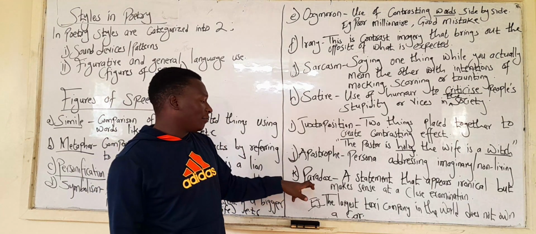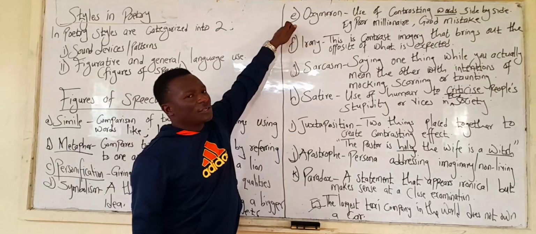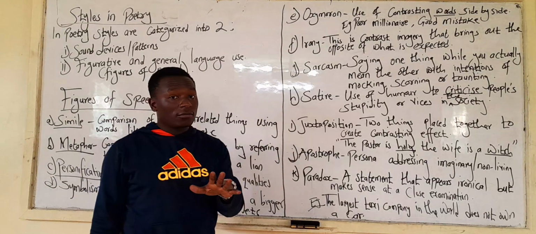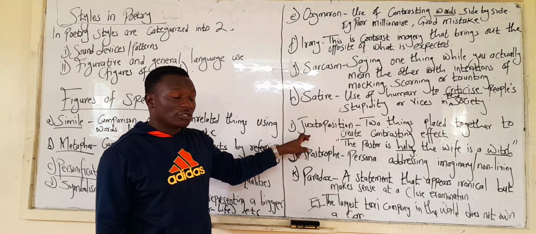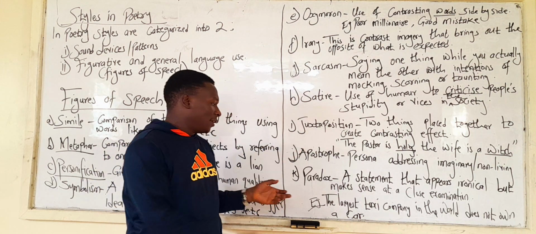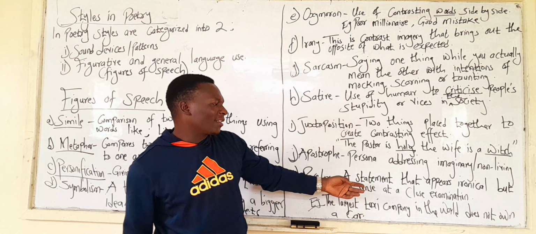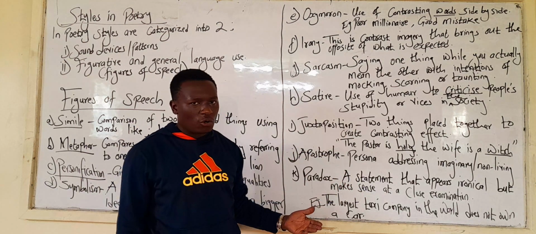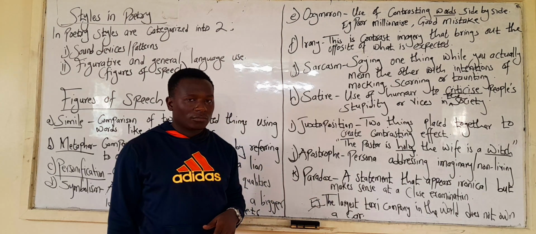And now we have paradox. I want you to pay close attention to oxymoron, juxtaposition, and paradox. Paradox is a statement that appears ironical but makes sense at close examination.